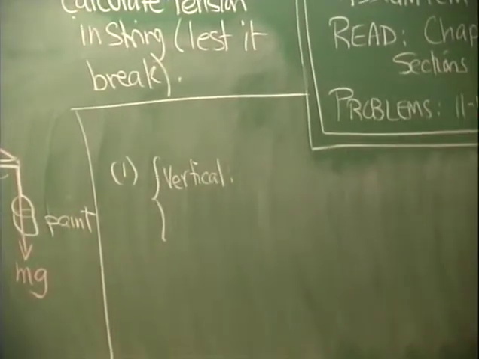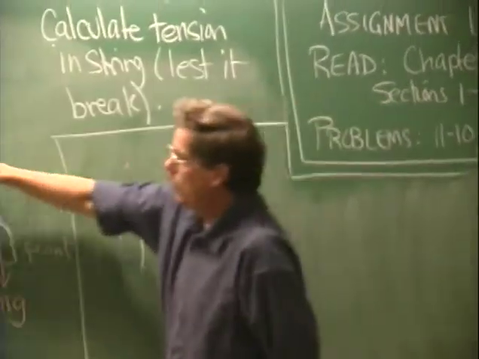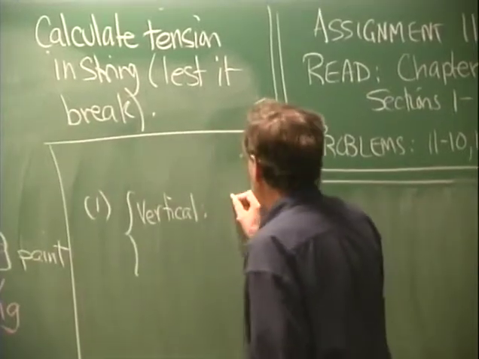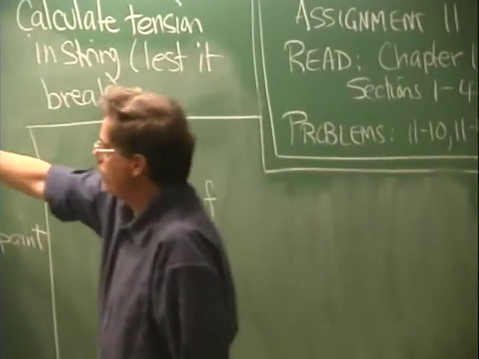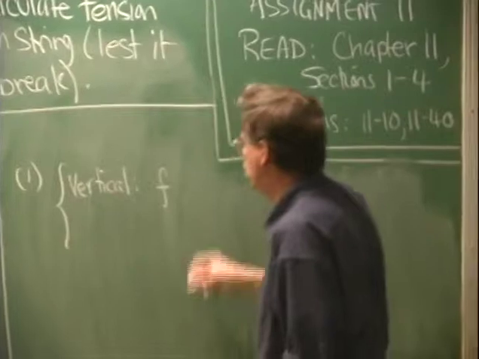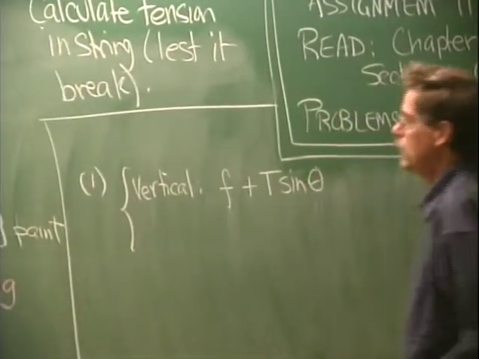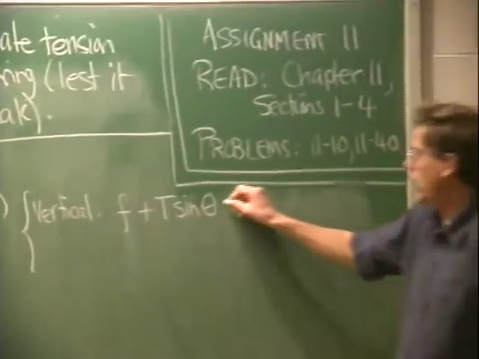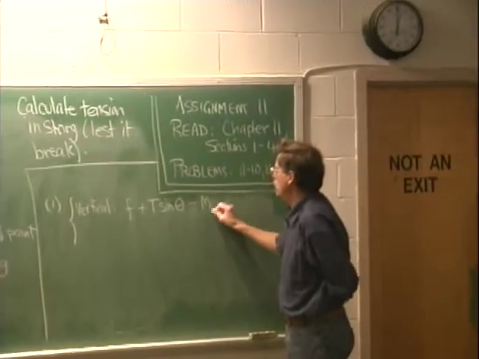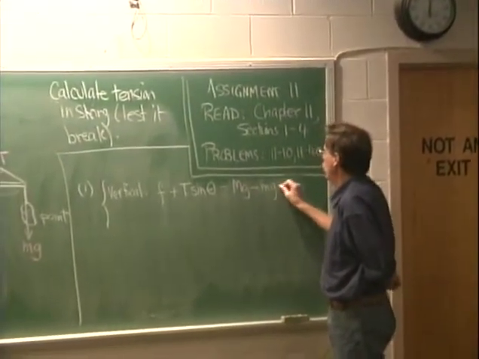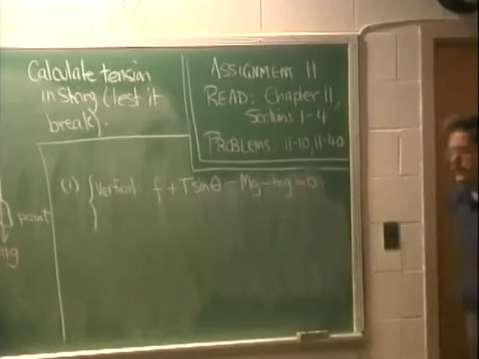What do we see? Acting up, I've got little f, and I've got the vertical component of T. Acting down, I have capital Mg and little mg, and the sum of those must be equal to 0.